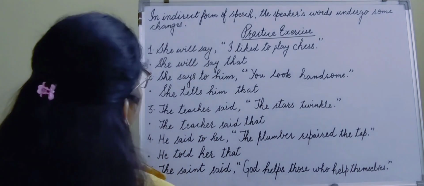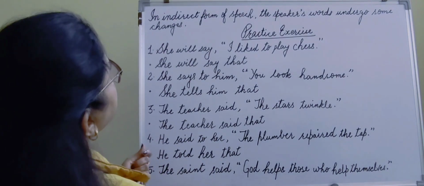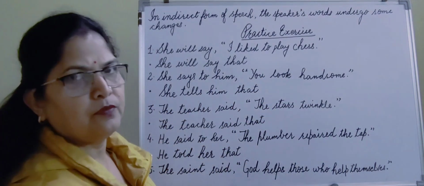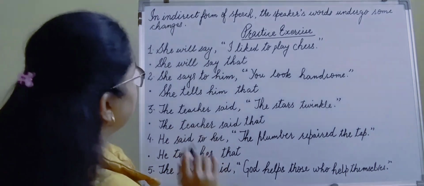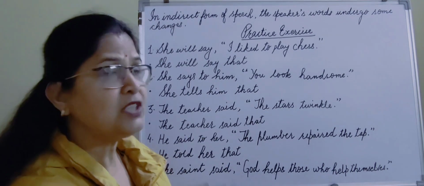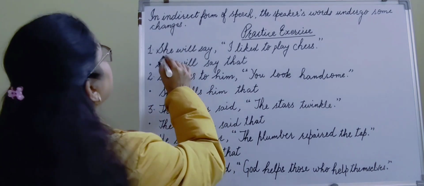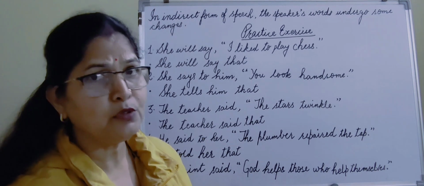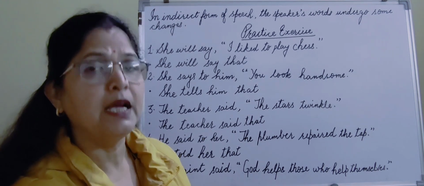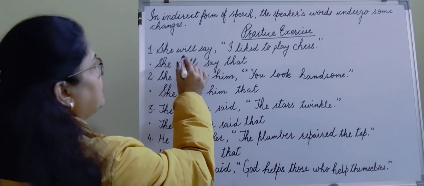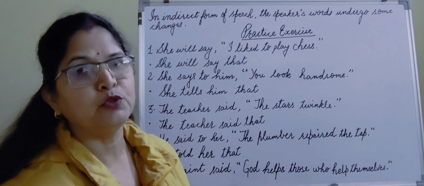The very first example is, she will say, I liked to play chess. I hope you have written question number 1. And how will you change? Before changing, you have to understand in which tense the reporting verb is. I'm not going to solve it right now. You will be solving. I'm just giving you the hints. She will say. The reporting verb here is in future tense.